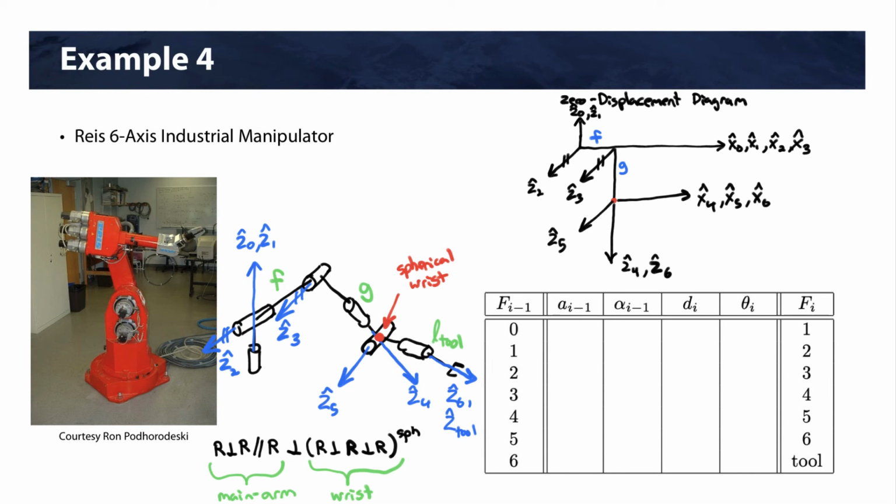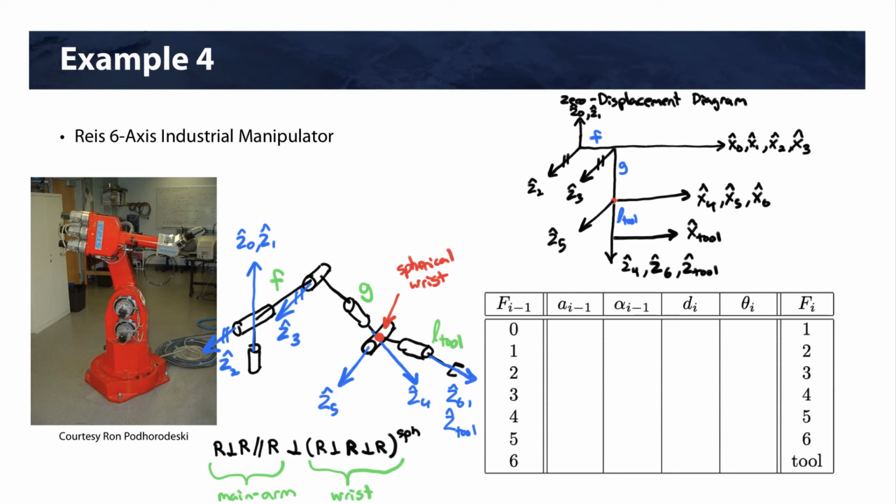And then we're going to have our length L tool. Our tool frame, the Z-axis is aligned with Z6. So this will be Z tool. And then we have X tool here. All right, and so that is our zero displacement diagram.